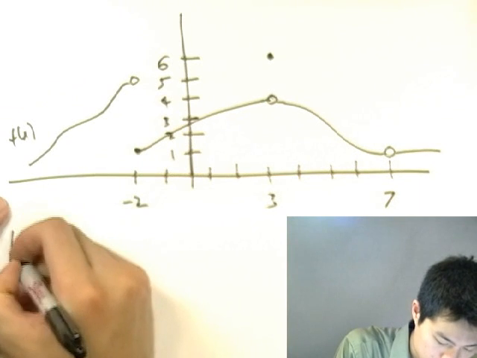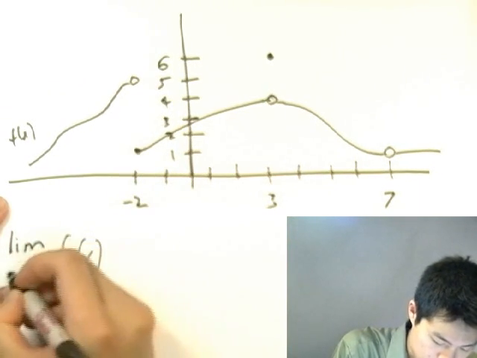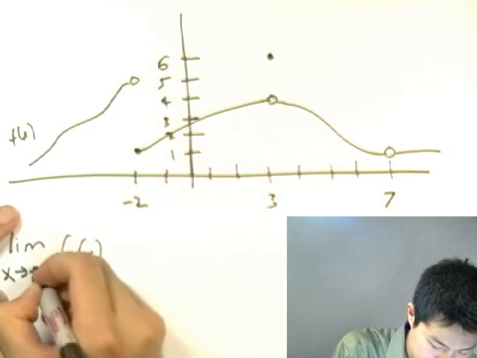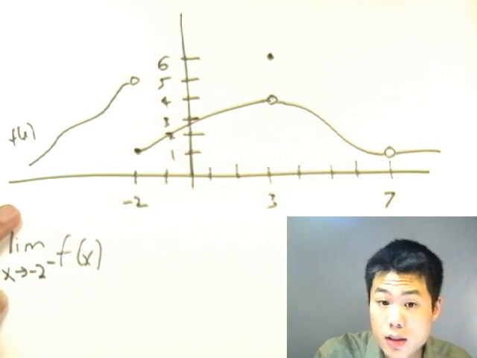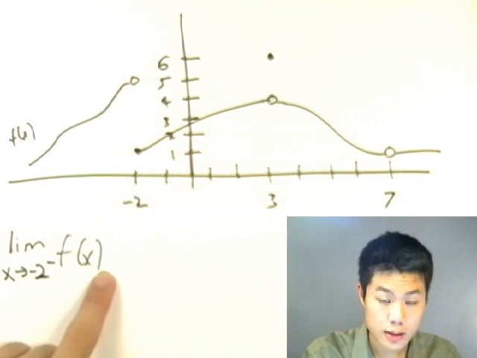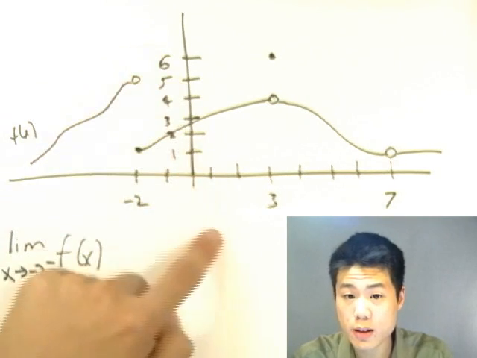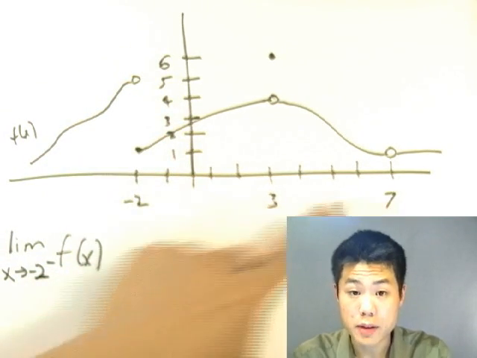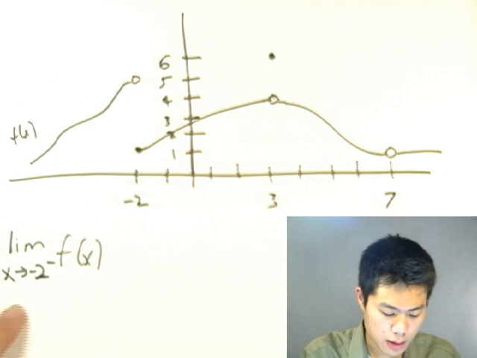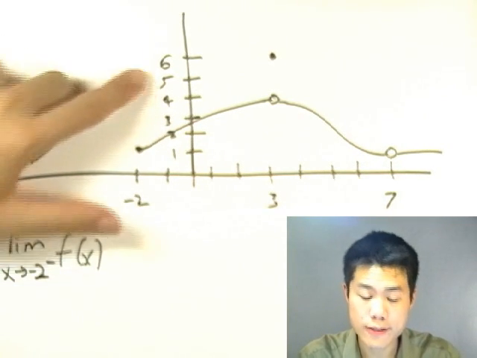So, the limit of f of x as x approaches -2 from the left. Okay, -2, this reads 1, 2, 3, 4, 5, 6, hopefully. Okay, so -2 from the left, it goes up to 5.